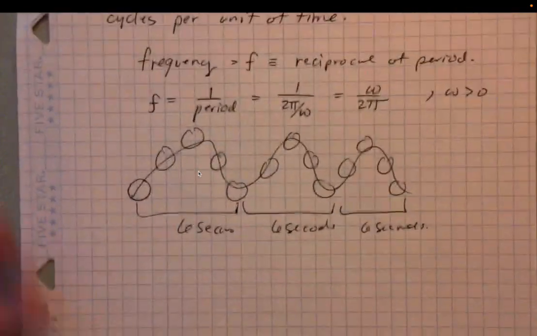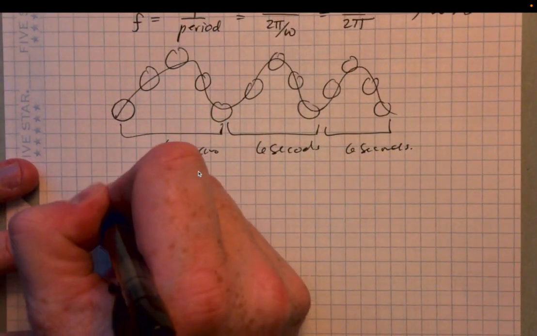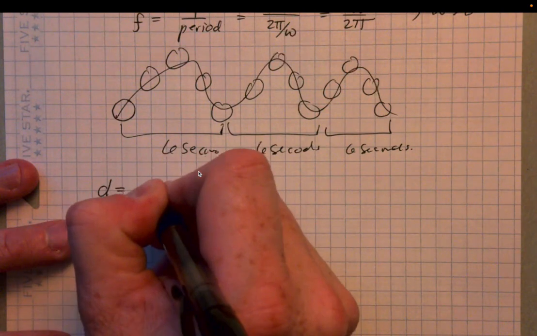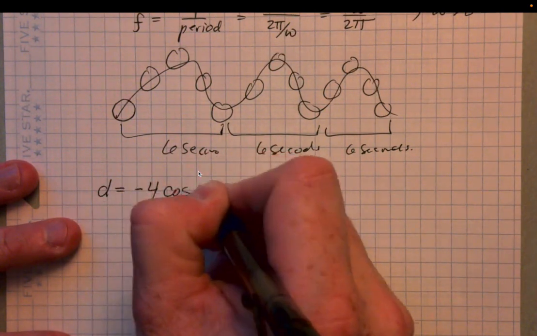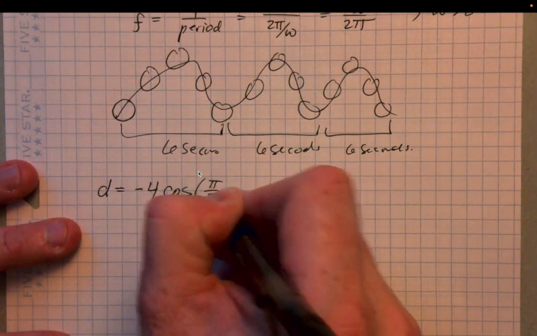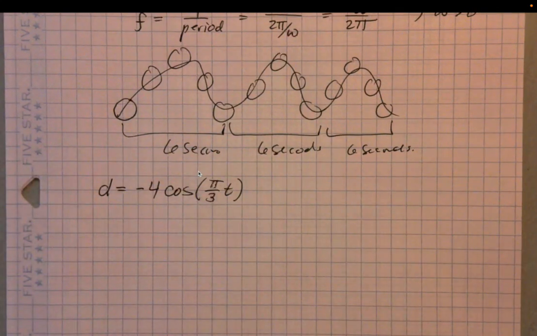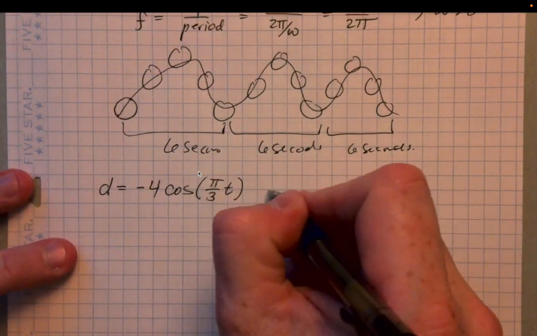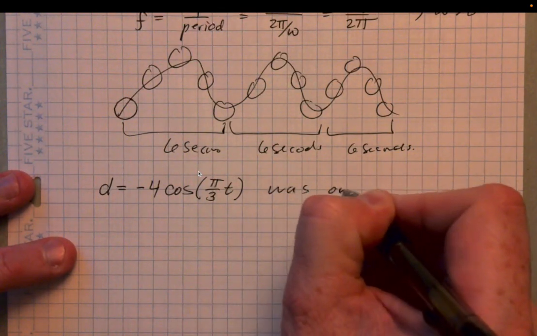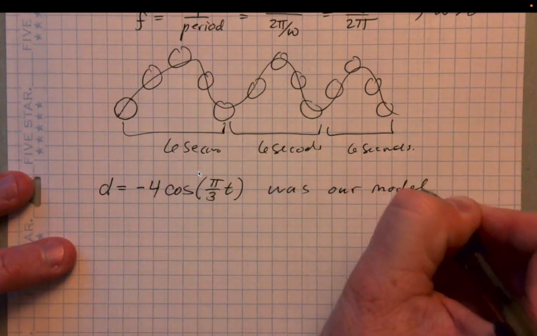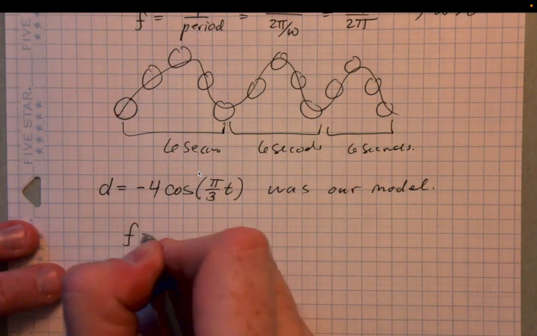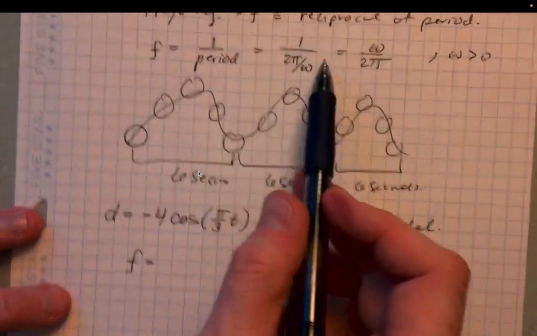So in our case, remember our model was d = -4 cosine of pi over 3 times t. Did I write that correctly? Yes. Okay, so this was our model. The frequency in this case is just equal to omega over 2 pi.